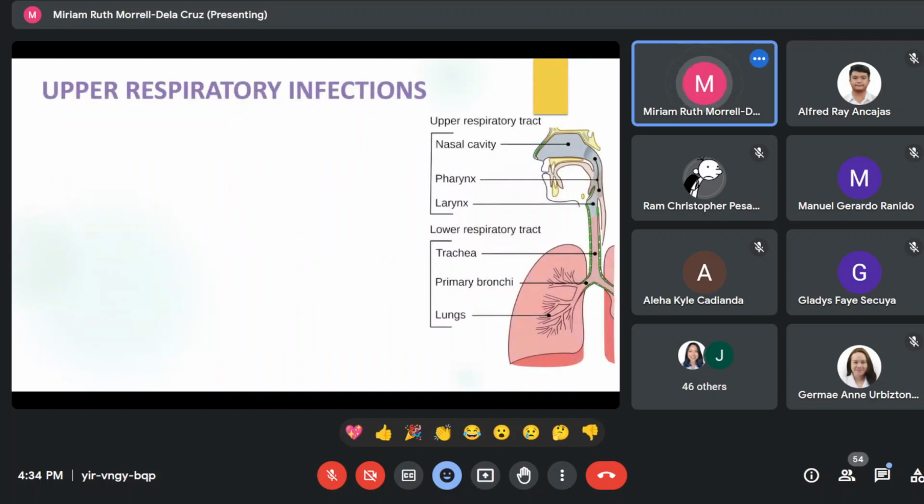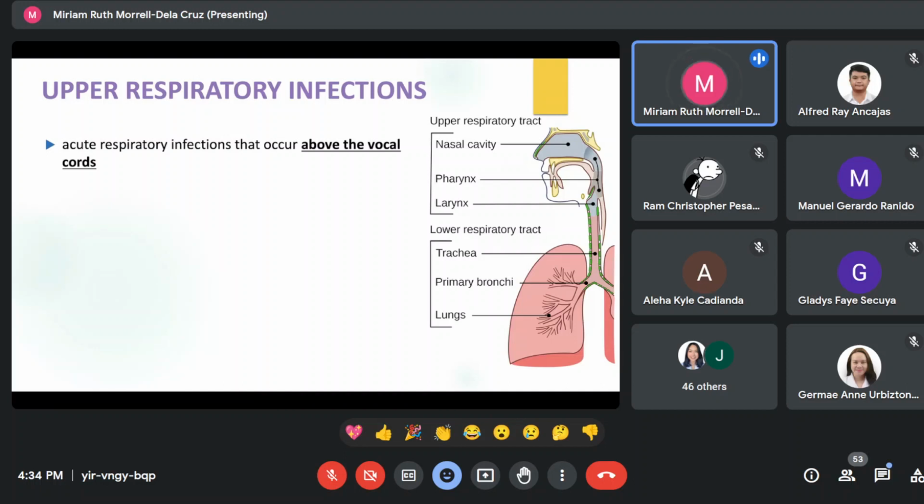But it's important to know first what consists the upper respiratory system. So if you direct your attention to the image on the right, your upper respiratory tract includes the nasal cavity, the pharynx, and the larynx, while your lower respiratory tract would include your trachea, primary bronchi, and the lungs or lung parenchyma.